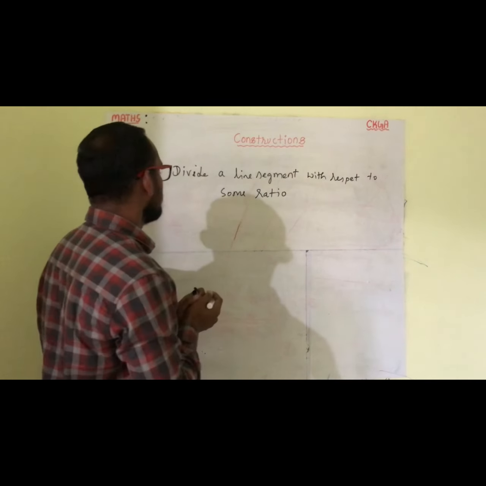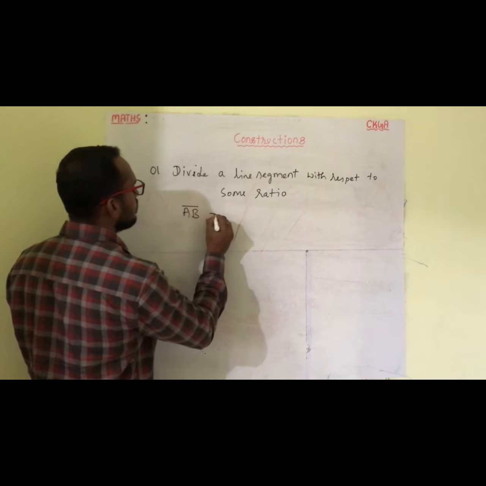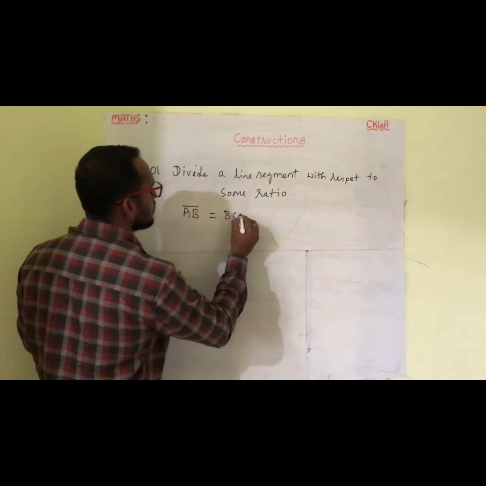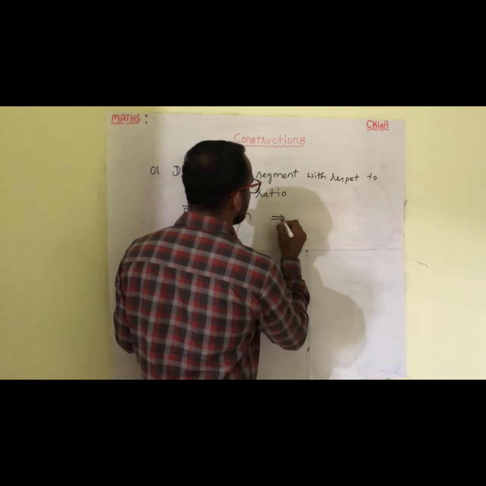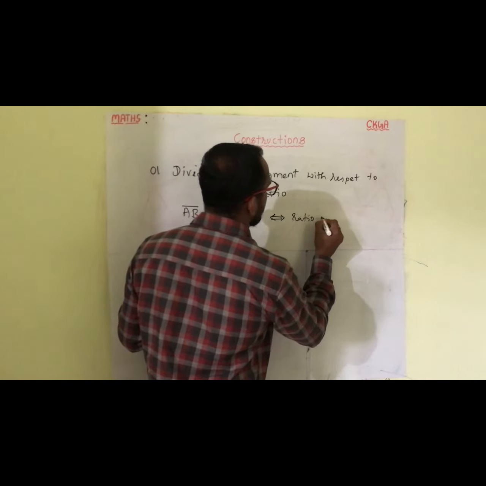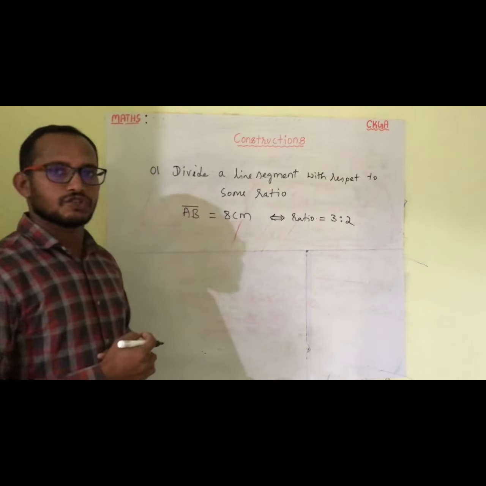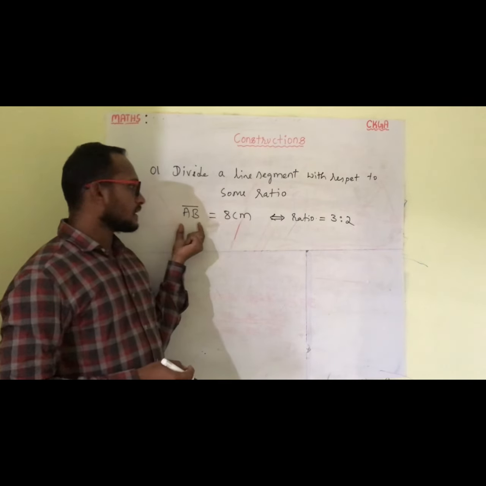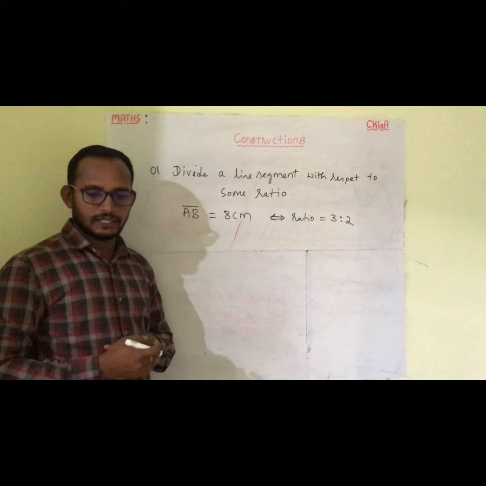First I'll take a straight line. Suppose line segment AB has a length of around 8 centimeters. You just divide it in the ratio 3:2. Okay, so this is the concept. The length of the line segment will be 8 centimeters, and divide that line segment with respect to the ratio 3:2.